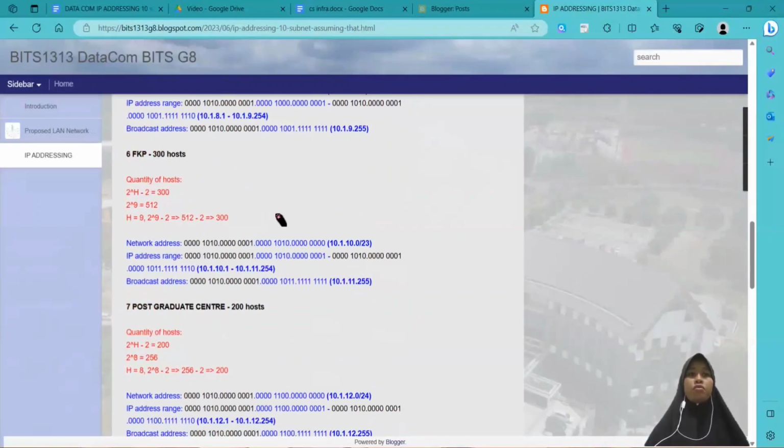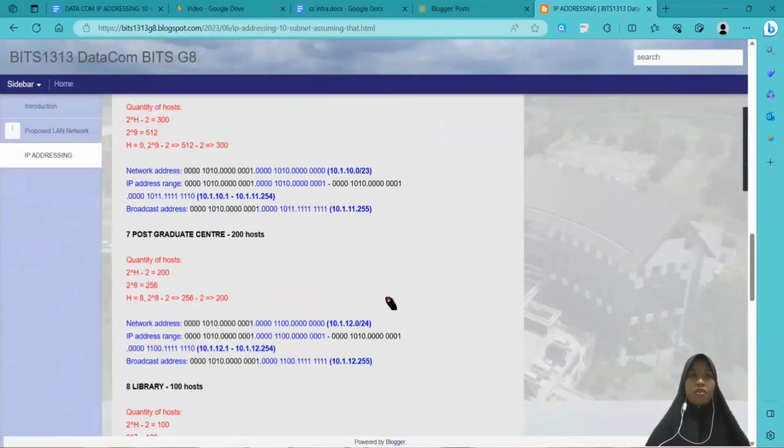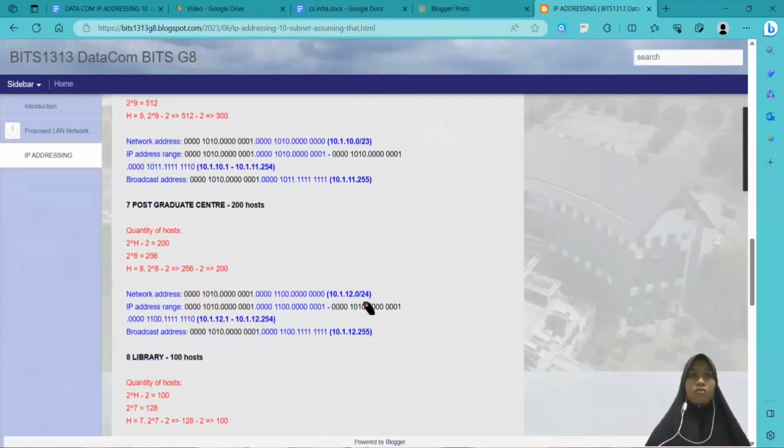FKP also uses 9 bits borrowed. The network address is 10.1.10.0. IP address range is 10.1.10.1 until 10.1.11.254. And the broadcast address is 10.1.11.255.